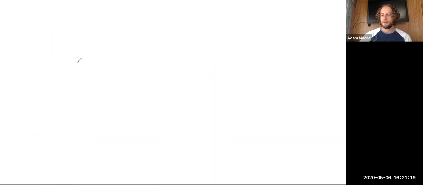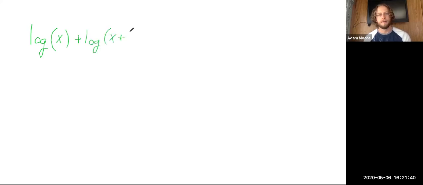Okay, dig this. Other variations that we run into here: what if we had this log base? We'll just do common log. We'll say common log of x plus common log of x plus 5 equals 1.